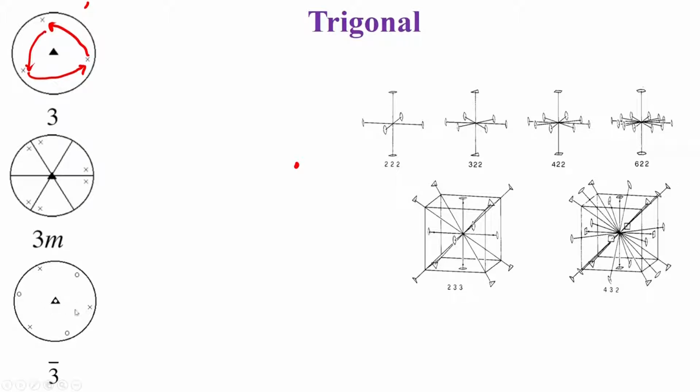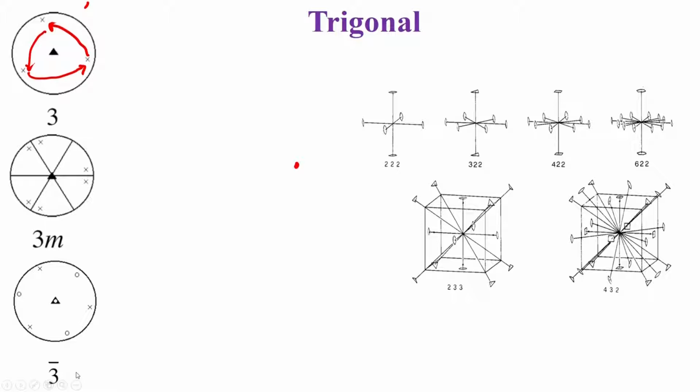The threefold symmetry will generate these 3 x's, and then the corresponding inversions occur, and so we generate these 3 open circles. So, if this is x, y, z, will you get an x bar, y bar, z bar in a 3 bar symmetry? This could be taken as an assignment. In fact, probably it will appear in the assignment sheet.